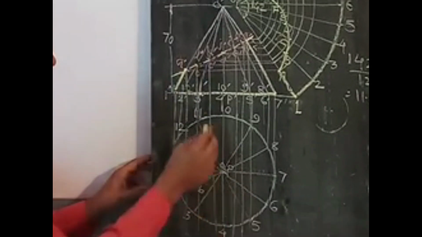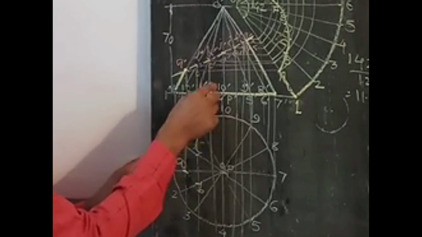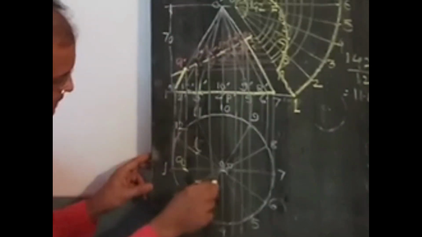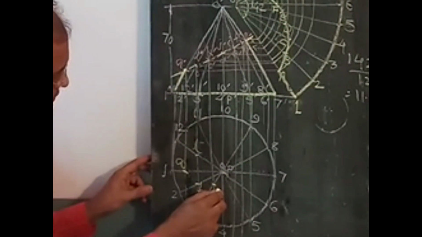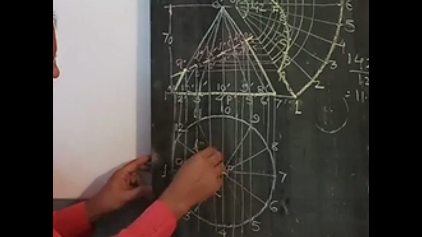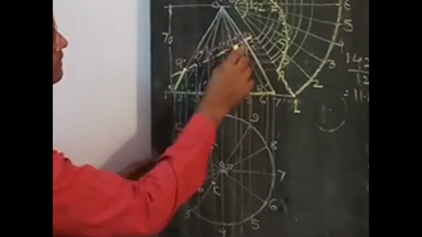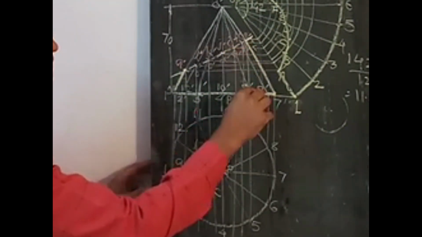Then C. C is on 3 and K is on 11. So here you get C and here K. Now let us obtain D and J later on. Obtain points E and I which are on 5 and 9.